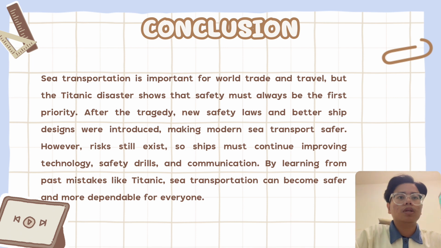However, risks still exist. So ships must continue improving in technology, safety drills, and communication. By learning from past mistakes like Titanic, sea transportation can become safer and more dependable for everyone.